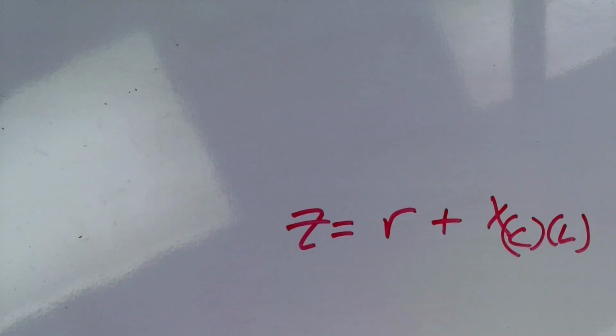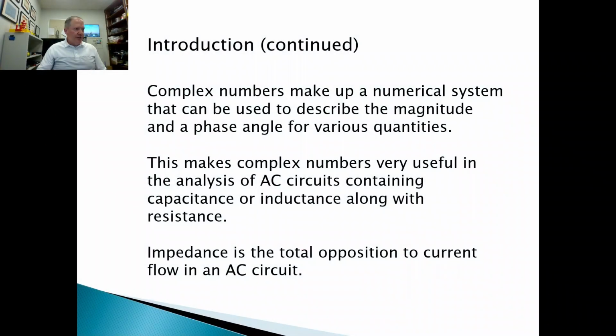So when we start looking at calculating this, we're going to have to deal with real numbers and then imaginary numbers. Okay? So that's kind of where we're leading up to. That's what we're going to get to.